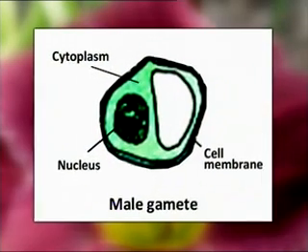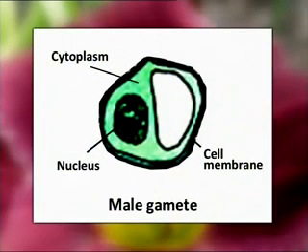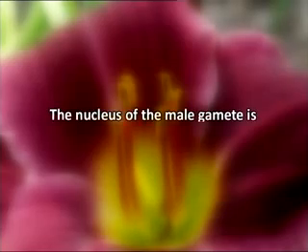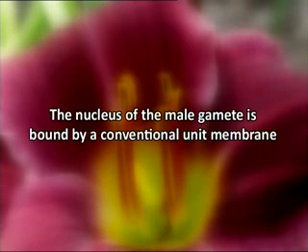Each male gamete consists of a large nucleus surrounded by a thin sheath of cytoplasm, externally limited by a cell membrane. In most of the angiosperms, the cell membrane is not covered by cell wall, hence the male gametes are naked. The nucleus of the male gametes is bound by a conventional unit membrane.